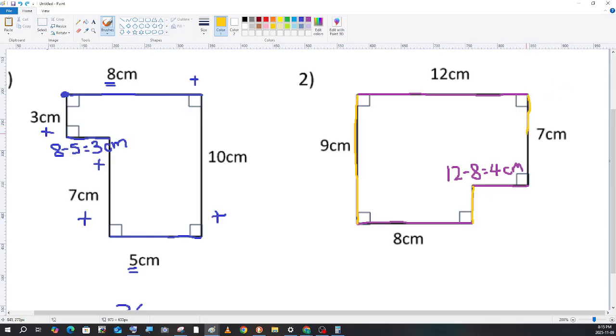Okay, and then this side here, which is also parallel to our unknown side, is 7 centimeters. Okay, so you can see that these two shorter sides in yellow have to add up to make 9 centimeters. So to find this missing shorter side, we can go 9 minus 7 to find it.